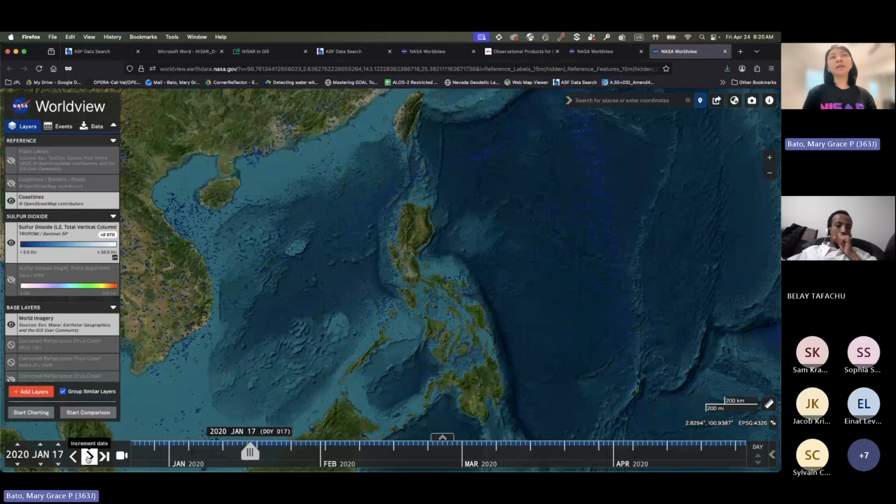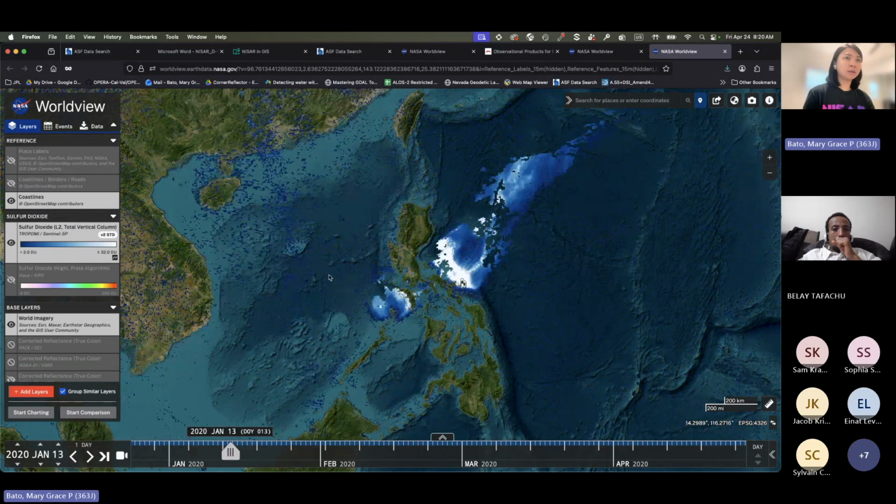So note that, as we know, SO2 is very hazardous to health. I think the healthy threshold is supposed to be less than 1 DU, and if TROPOMI is sensing something, let's go back to the 13th here, really, at 24 DU or somewhere here, 32, if you're in this region, it's very hazardous for health.